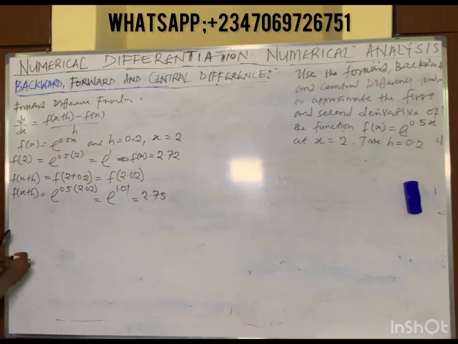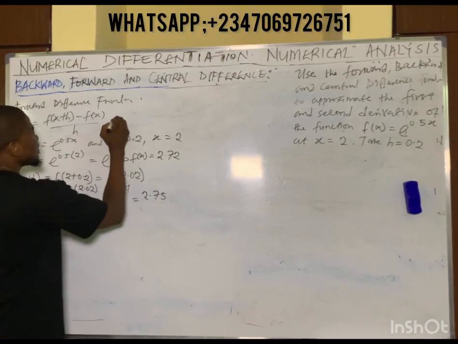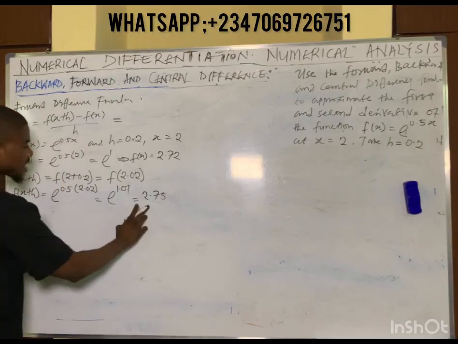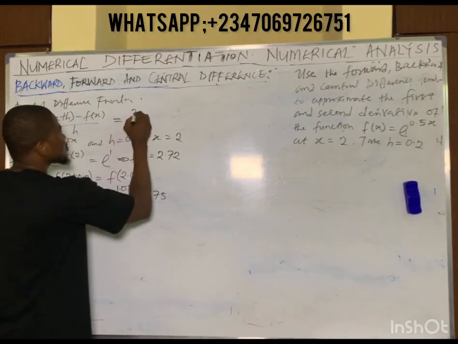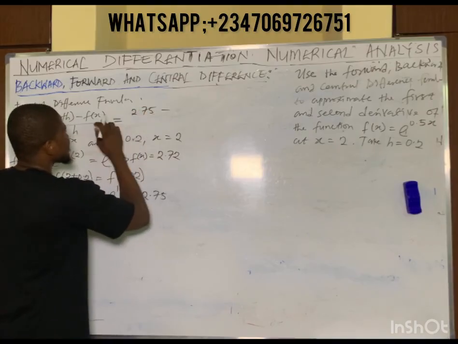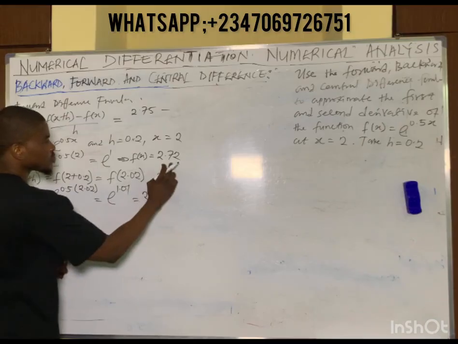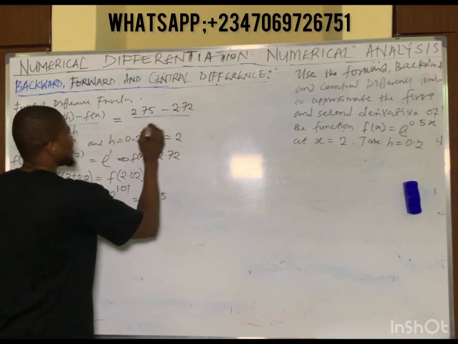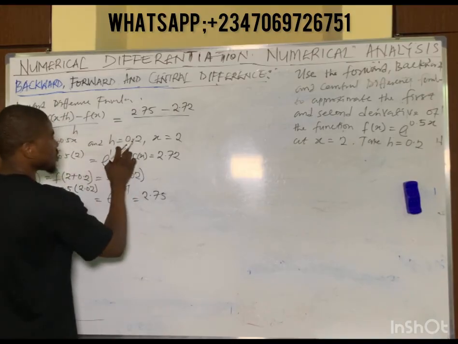So we simply find exponential 1.01, and that gives us approximately 2.75. So let's plug now into the formula for the first derivative. We said f of x plus h gave us 2.75, so that gives us 2.75 minus f of x, the value of f of x is 2.72, so minus 2.72 divided by h, and h itself is 0.2, remember?